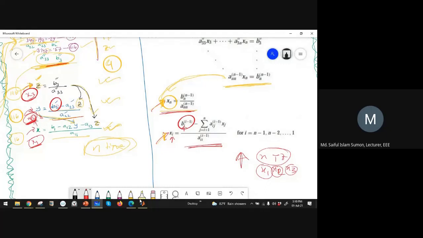Can you relate? Here is 2, x2, here is b2. So here is i, there will be i. Yes, sir. Here, this is how many manipulations? 2 minus 1 manipulation, isn't it? Yes, sir. In the same way, here there will be i minus 1 manipulations.